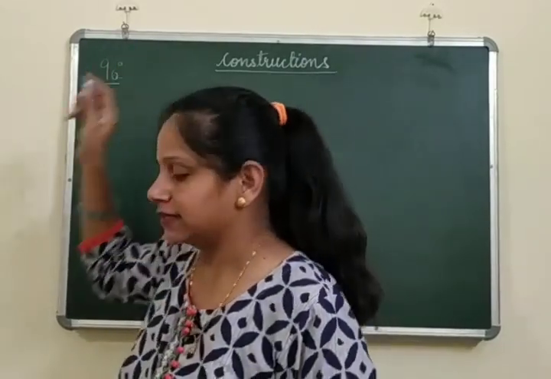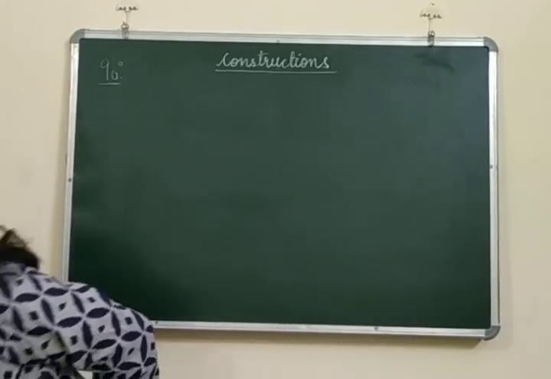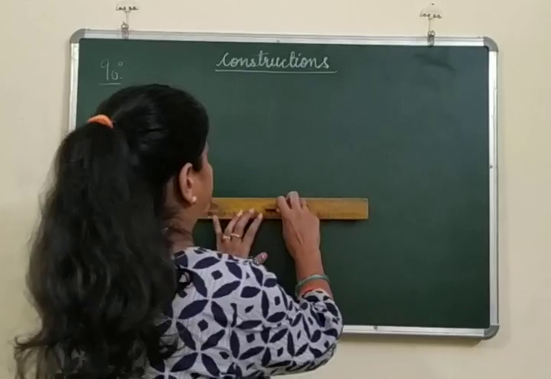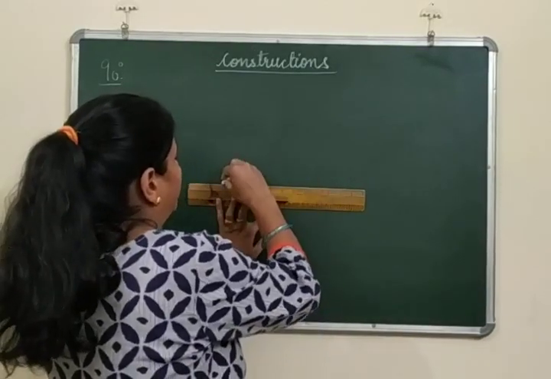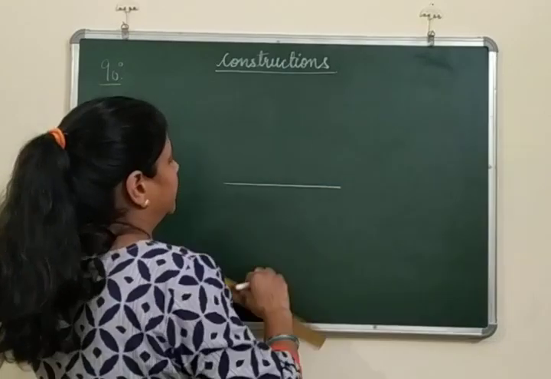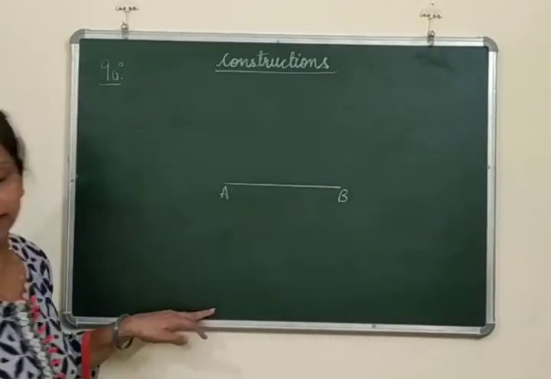90 degree. Main is how to draw an angle of 90 degree. For this, first of all, we have to draw a line of any length. Let that line be AB, right?